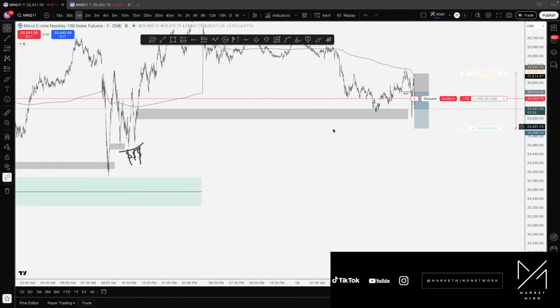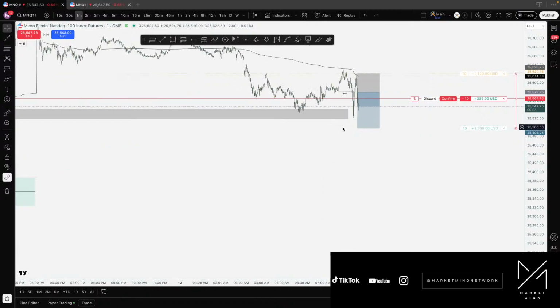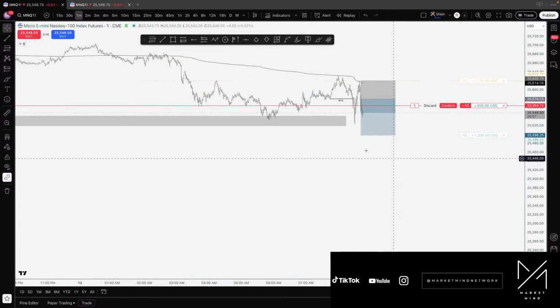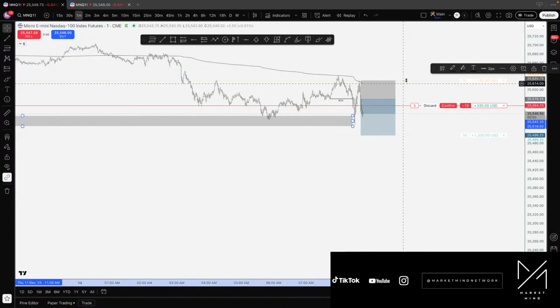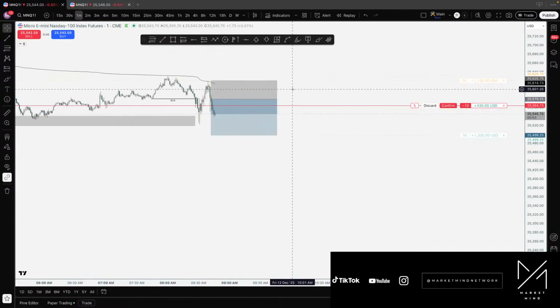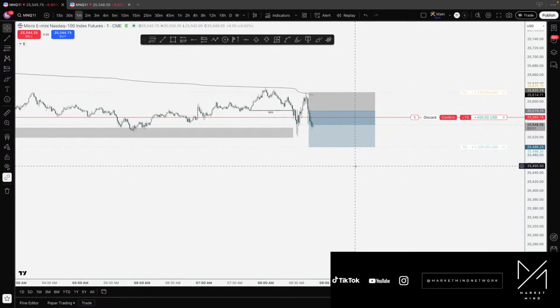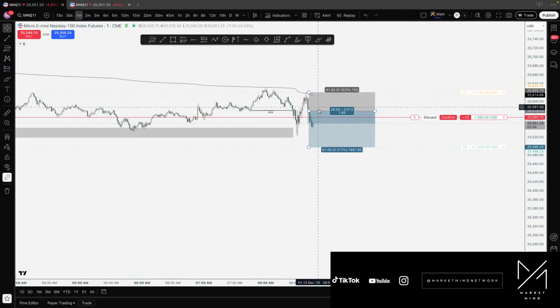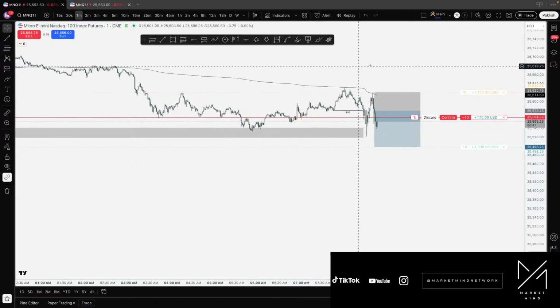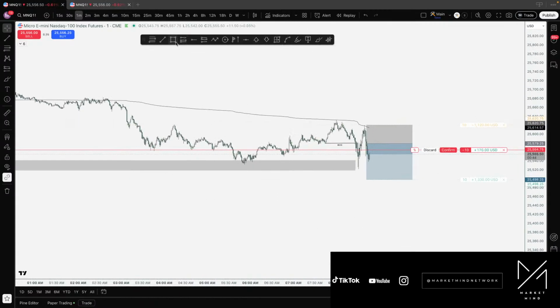You can bring it up to here, you can have the runners or whatever, but I'm gonna try to take it to at least 500, 525. But you know, New York, anything can happen. Right now I see sellers in control, and we have a breaker structure here. It's just following the chain.